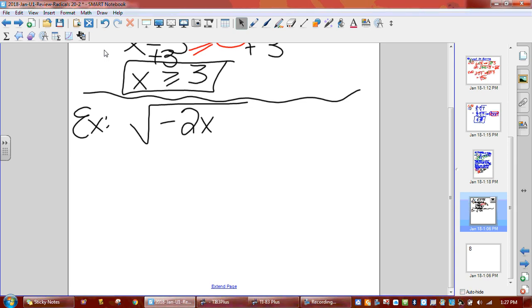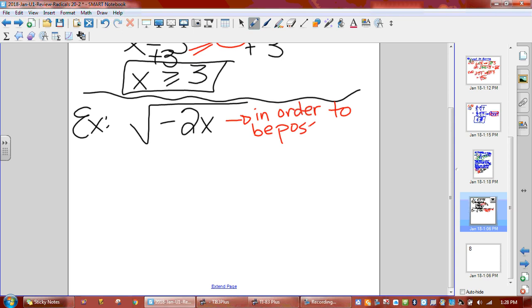So in order to work, in order to be possible, x must be a negative number. Okay? In order for that to work, x has to be a negative number.